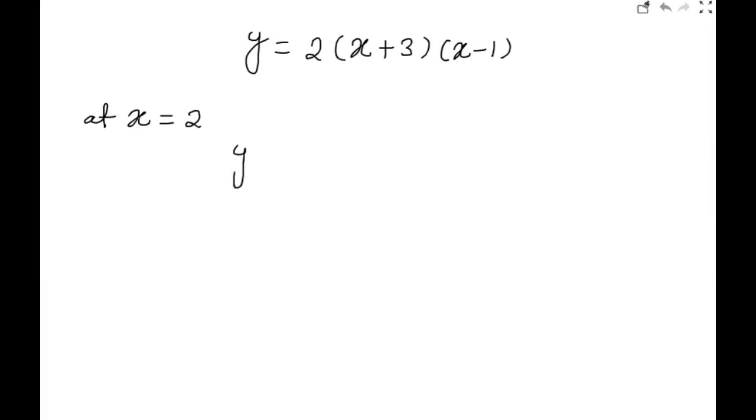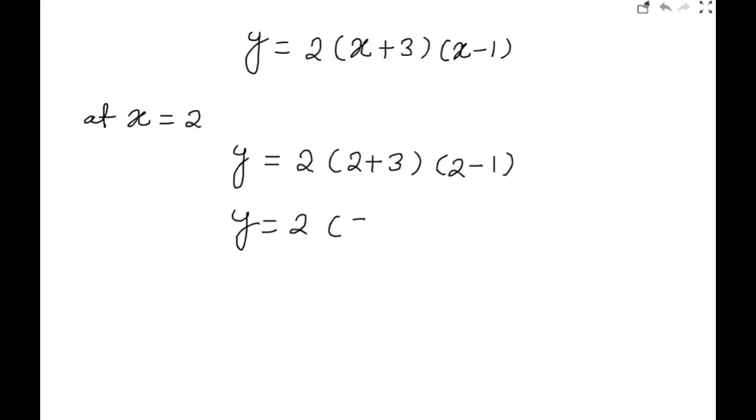We can get a single point right away like this. We substitute x as 2. y came out as 10. So the other point we can consider is (2, 10).